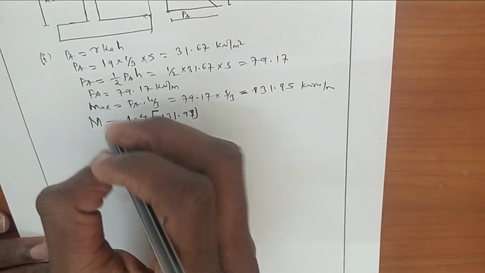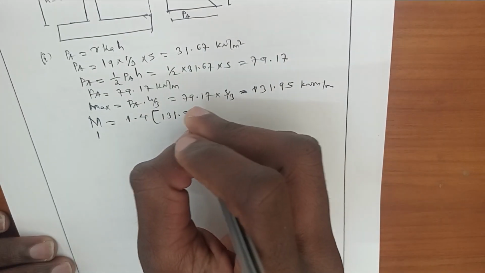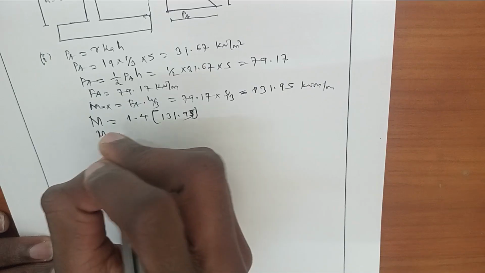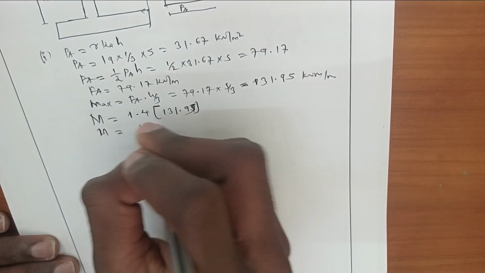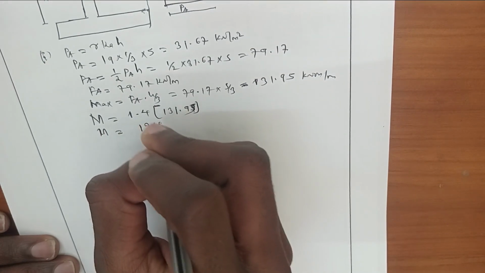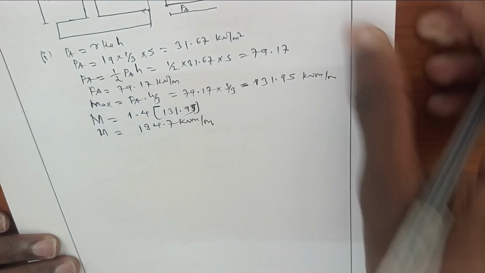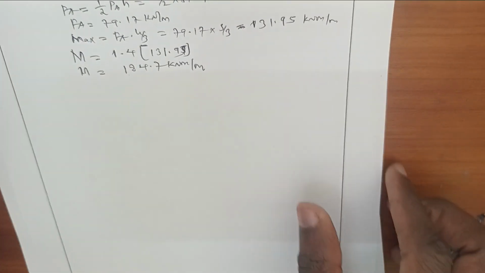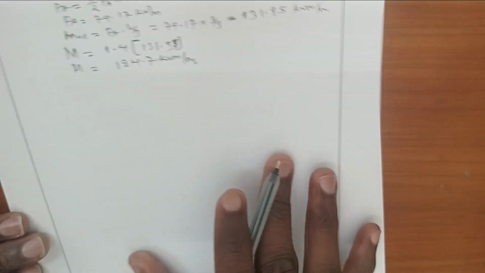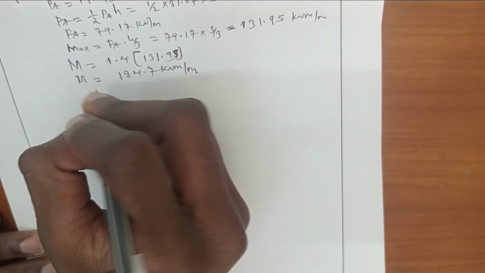It will be equal to the design moment. It will be equal to 184.7. This is kilonewton meter per meter. This is design moment.